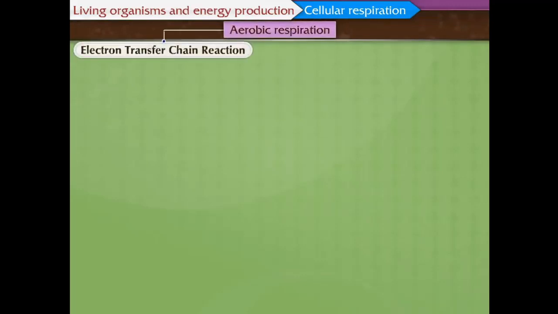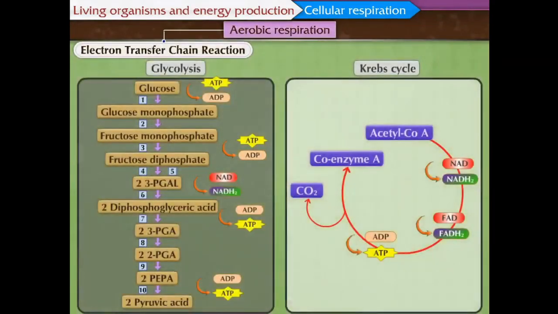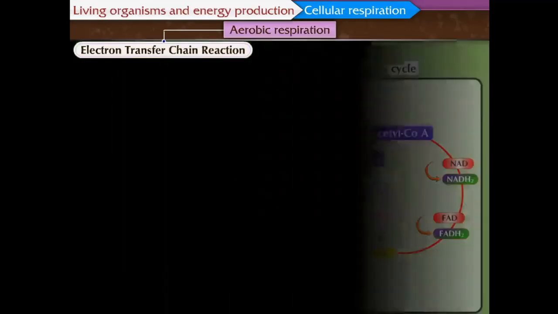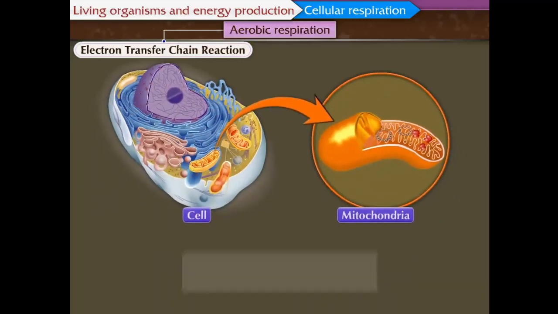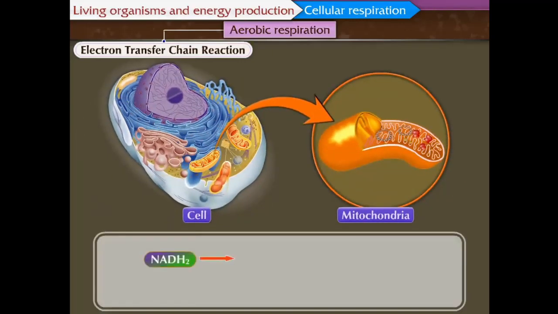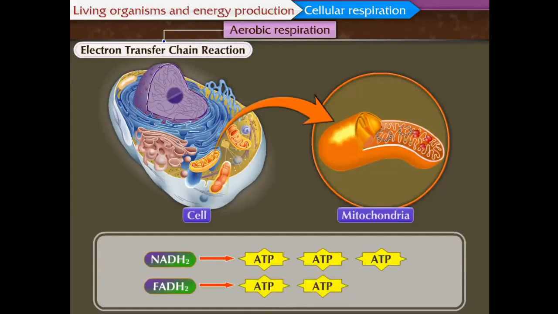Electron transfer chain reaction. Molecules of NADH2 and FADH2 formed during glycolysis and Krebs cycle now participate in the electron transfer chain reaction. In this reaction, each NADH2 molecule produces 3 ATP molecules and each FADH2 molecule produces 2 ATP molecules.